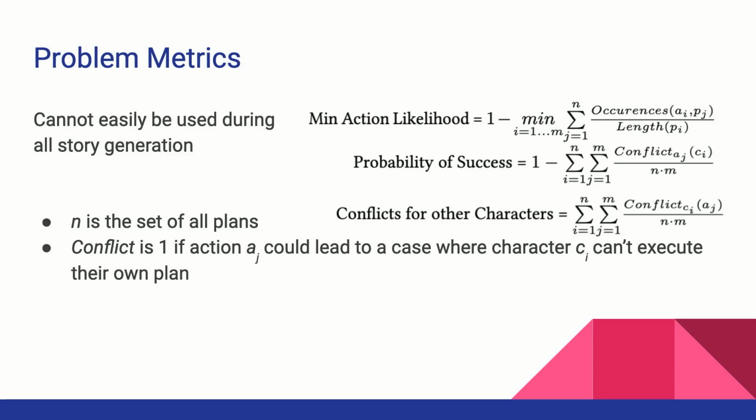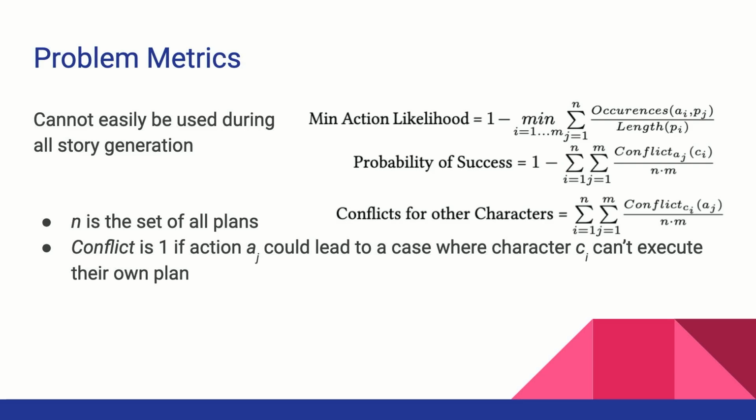That means we also need to calculate all possible events that could happen after the given action. In some systems, this is calculable. However, in some systems it's calculable, but only with great effort, and in others, especially ones where you're interacting with the player as you're going along, you really can't calculate that at all. So this gives us a few problems.